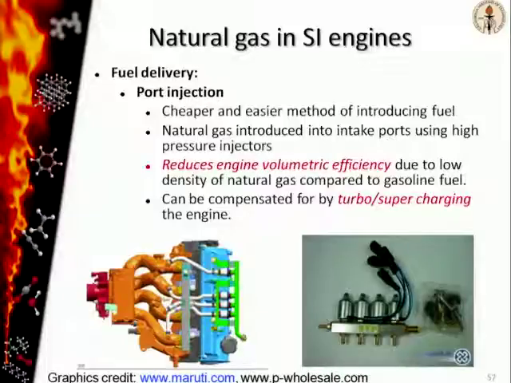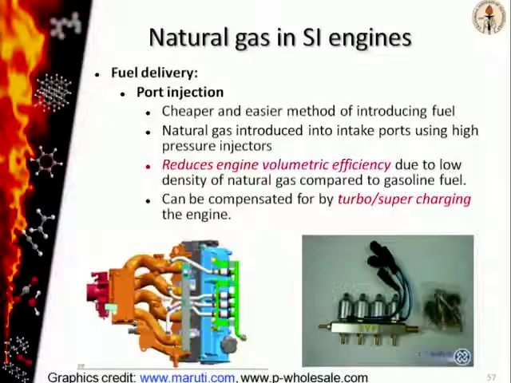So this is the intake manifold that carries air into the engine, and you directly inject the natural gas into the intake ports. Now, one of the issues with doing this sort of fuel injection is that you end up losing out on volumetric efficiency of the engine, and as we saw in a couple of slides before, power output was directly proportional to volumetric efficiency. So any drop in volumetric efficiency means drop in power output and drop in overall efficiency of the engine.